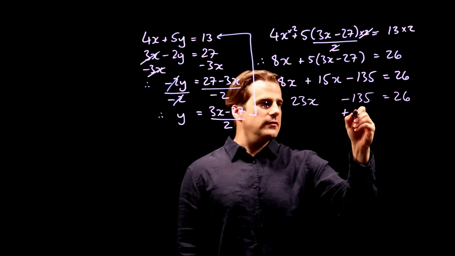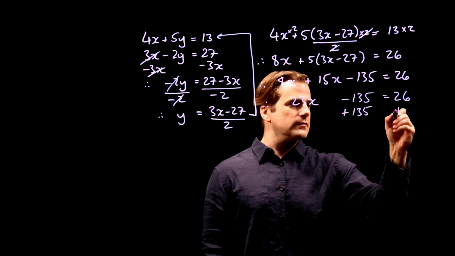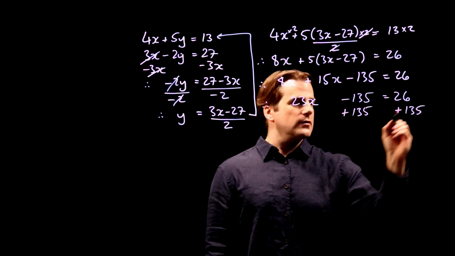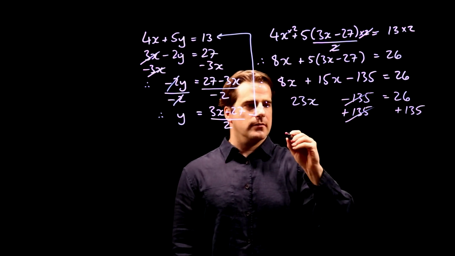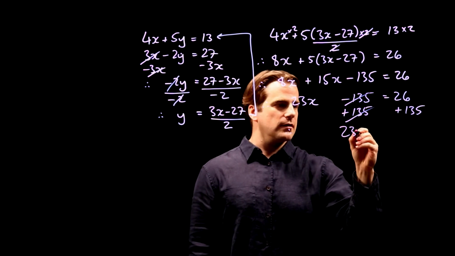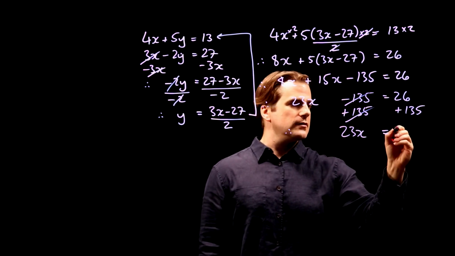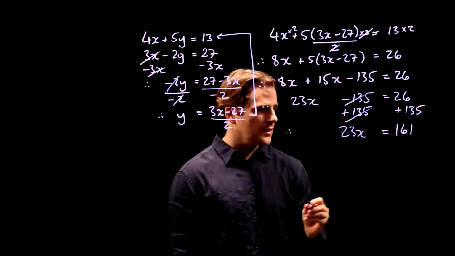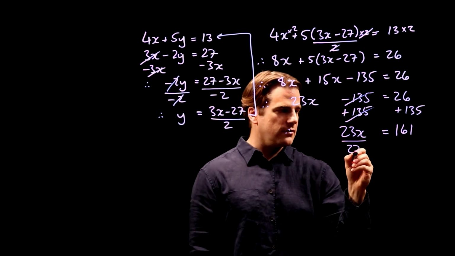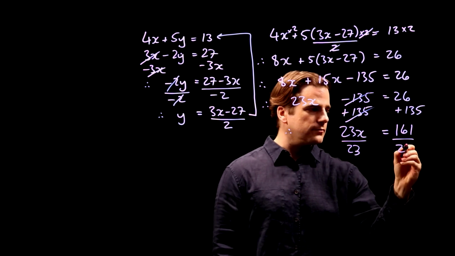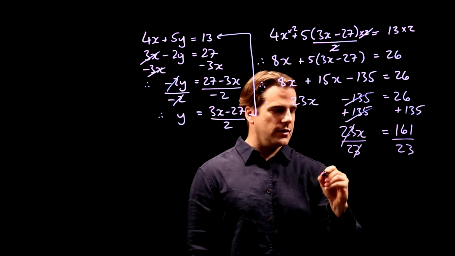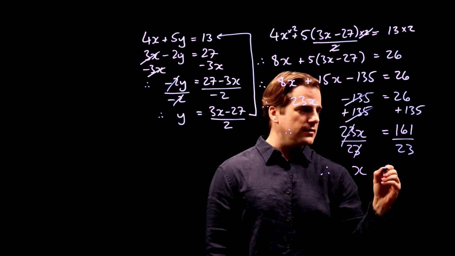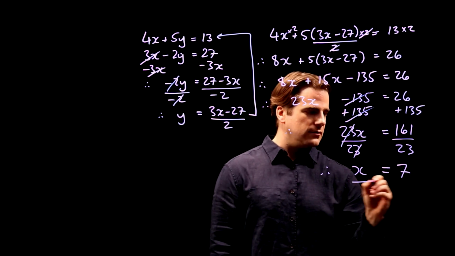Add 135 to both sides. Boom, boom. Therefore, 23x is 161. Divide both sides by 23. Boom, boom. Therefore, x is 7.